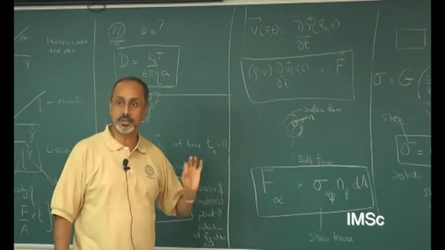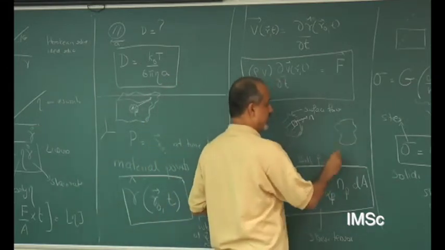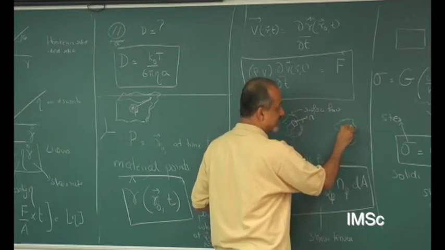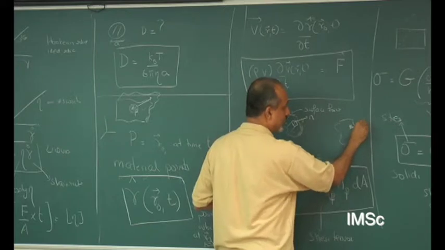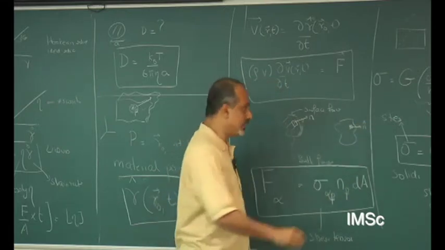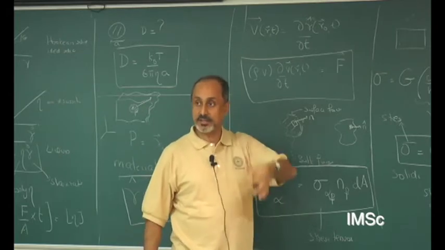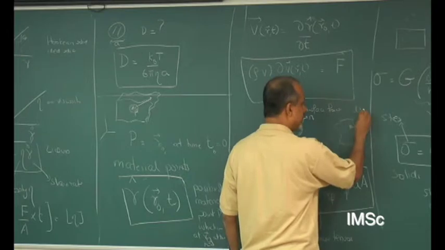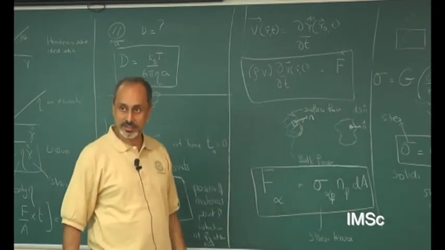But remember, we're in the continuum. So instead of saying there is a net force F here, we have to specify several things. We have to specify where is the surface. And the surface you specify by every point on the surface telling you where is the normal that points from inside to outside, what is the location of that point, and what is the infinitesimal area that controls that. So this little surface element is actually the area of the surface times the little n hat that points outside.